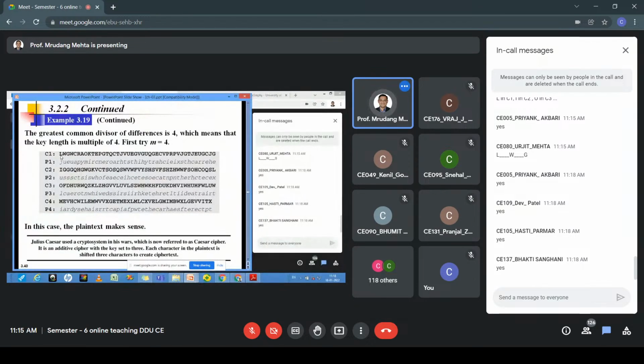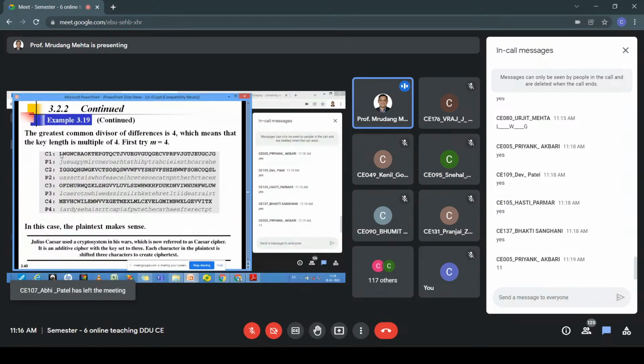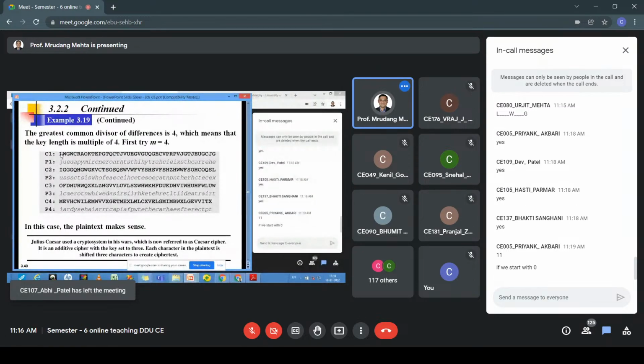What is L? What is the value of L in the A to Z table? If we start from 0, then L comes at 11.